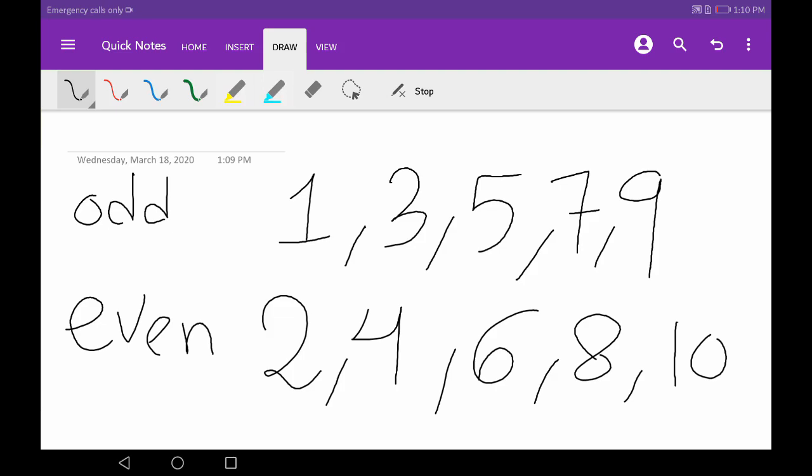So even numbers are the numbers that can be divided by 2 without any leftover. Odd numbers are the numbers that can't be divided by 2, which are the numbers that are not multiples of 2.